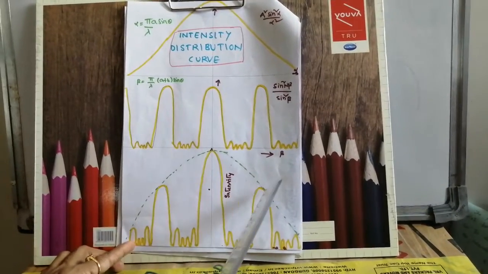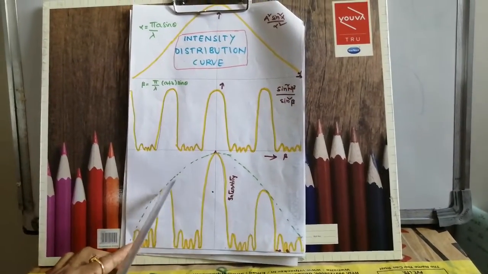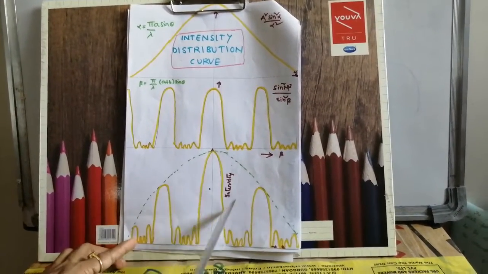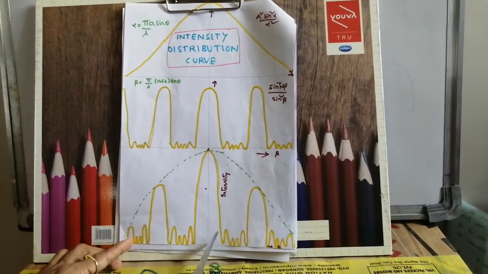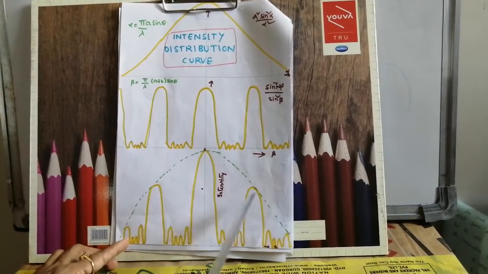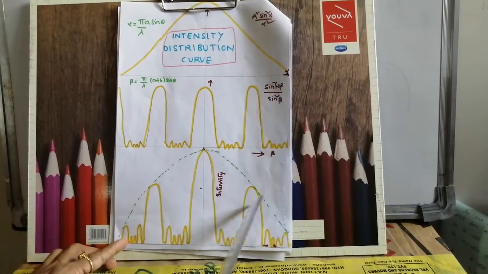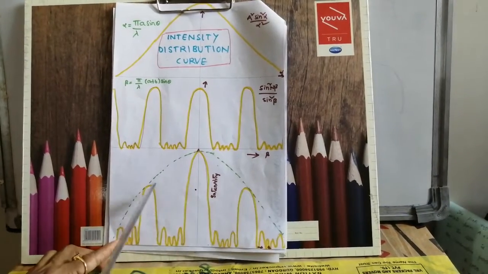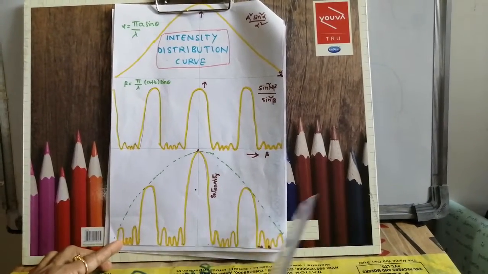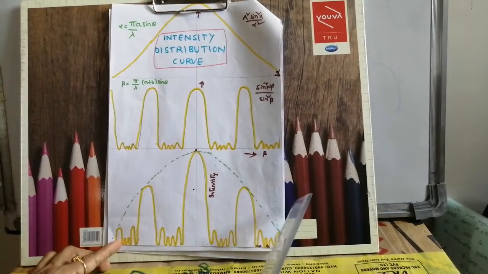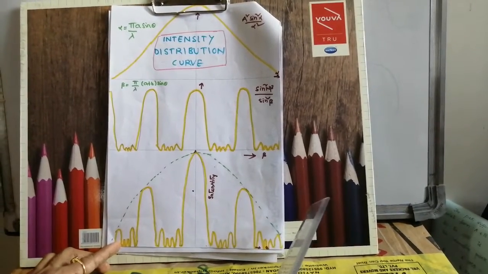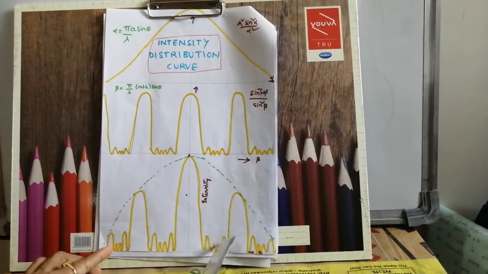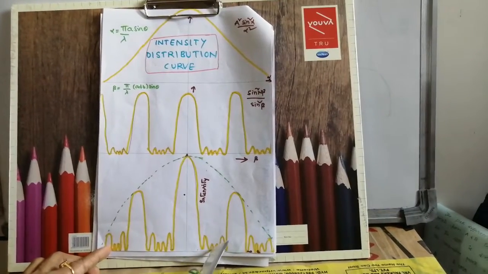That's why these first order principal maxima have less intensity when compared to the central principal maxima. This is the central principal maxima. It is having more intensity than first order. Here right side plus 1, left side minus 1. So these two are first order principal maxima. Same as if we extend this curve, we will get second principal maxima, third principal maxima, like this. These are secondary maxima. These are minima.